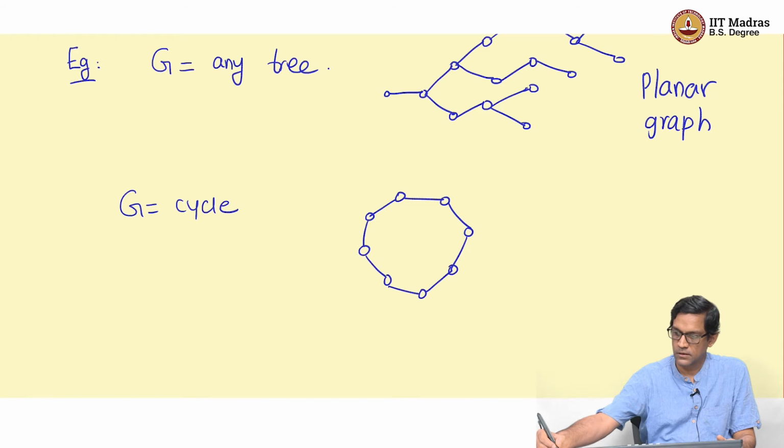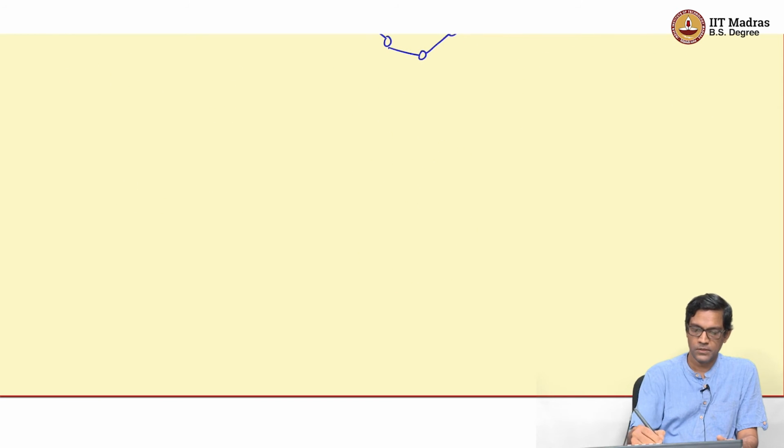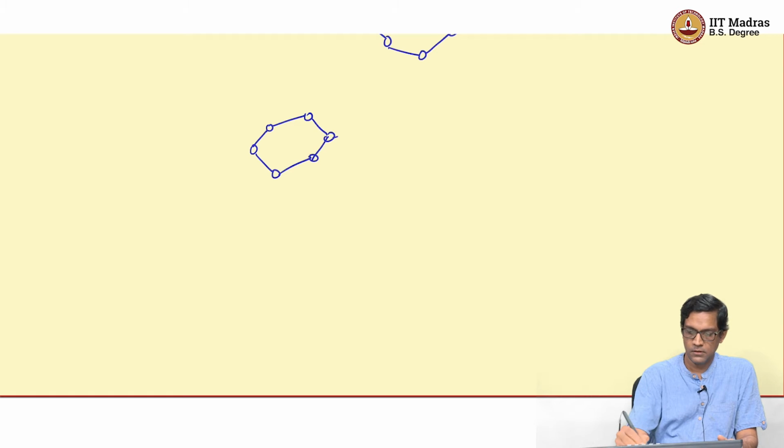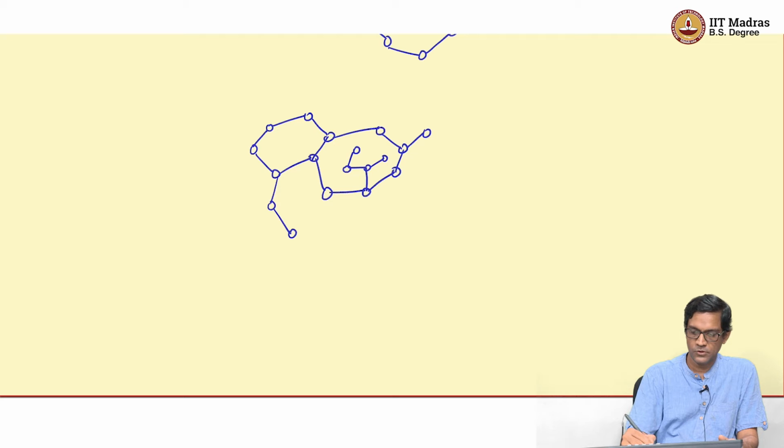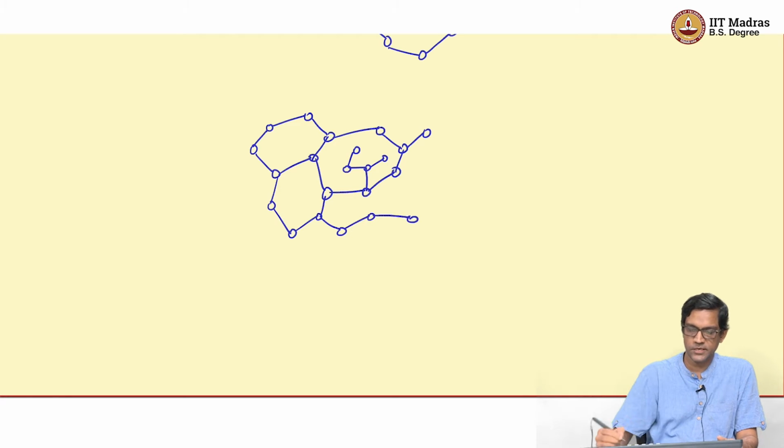So let's draw one more. So I put in a cycle. Maybe put in a few more cycles. You could have a tree-like thing inside, and so on. So you can imagine doing a bunch of things like this. So here's an example of a planar graph.